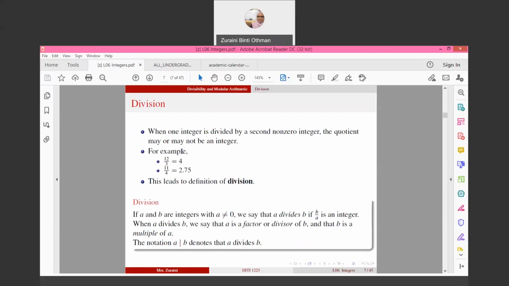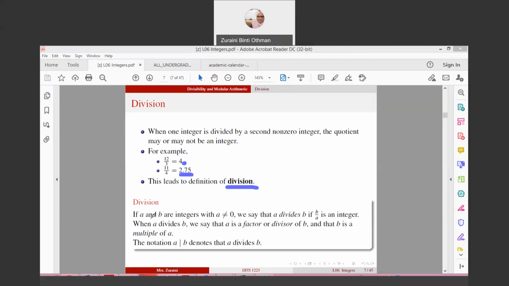For example, 12 divided by 3 is 4. But 11 divided by 4 is not an integer; it is 2.75. This leads to the definition of division, because it contains a remainder.